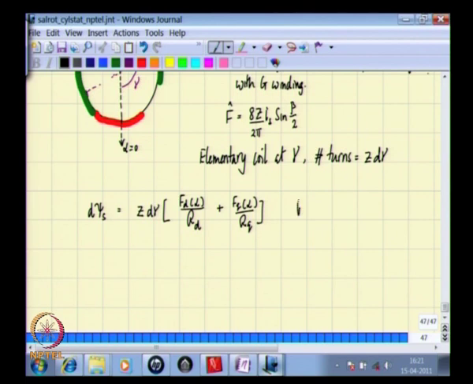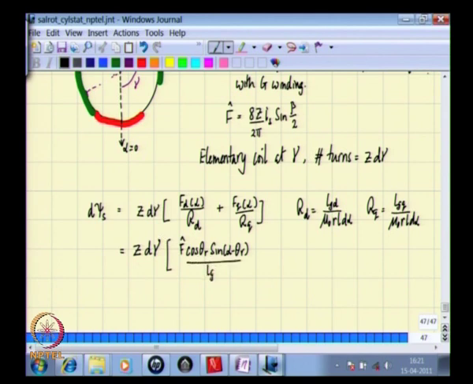We know that R d is the length of the air gap L gd divided by mu naught r L d alpha, and R q is L gq divided by mu naught r L d alpha, and therefore this expression becomes Z times d gamma multiplied by F d at alpha, which is nothing but F hat cos theta r multiplied by sin of alpha minus theta r divided by L gd, plus F hat sin theta r multiplied by cos of alpha minus theta r divided by L gq, and multiplied by mu naught r L d alpha.